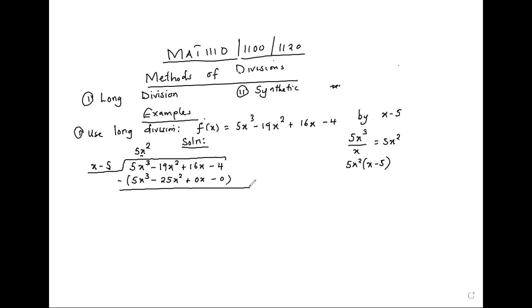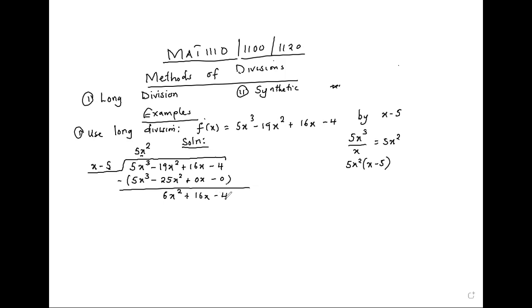So we have negative 19x squared plus 25x squared. That means we are now subtracting. So 25x squared minus 19, we're going to get 6x squared. And then 16x minus 0x, we get 16x. Negative 4 minus 0, we still get negative 4.